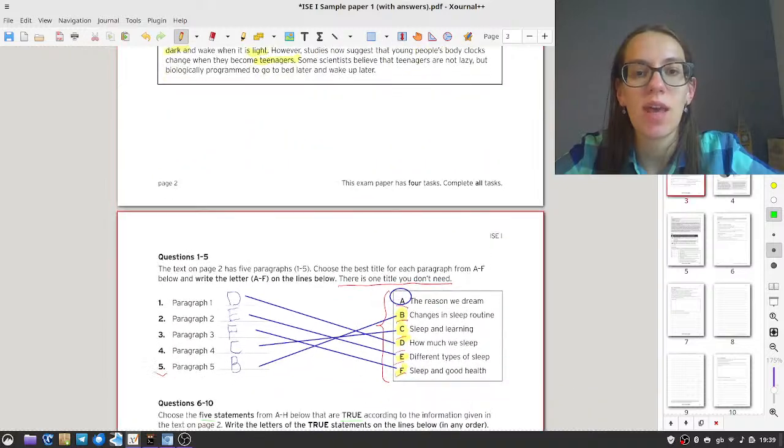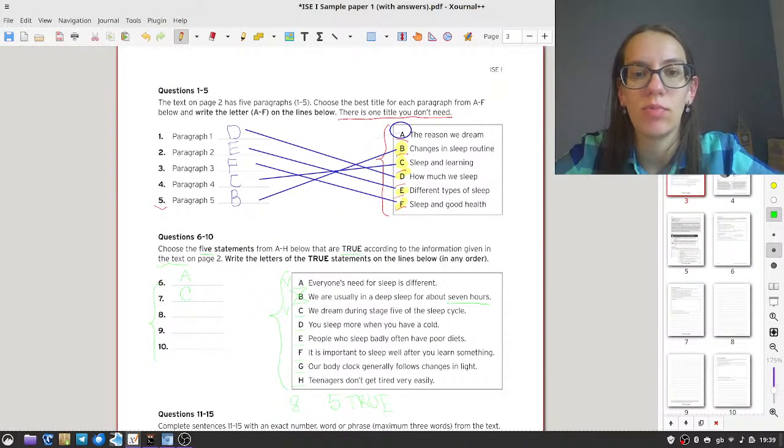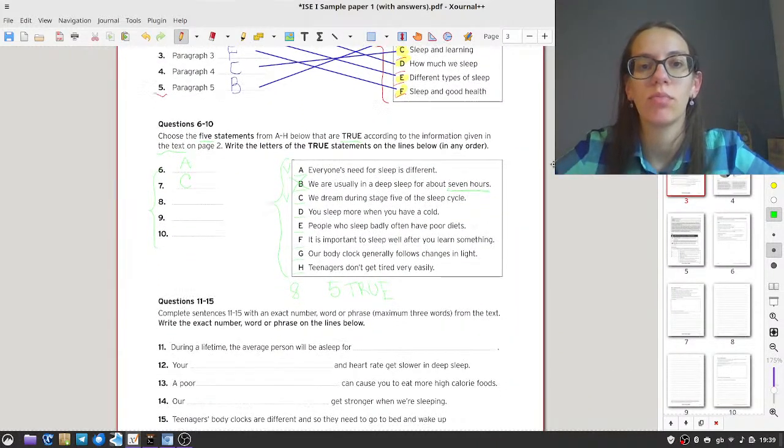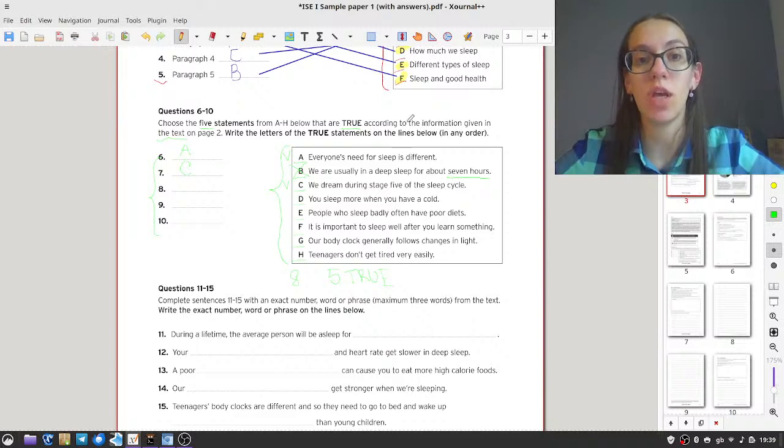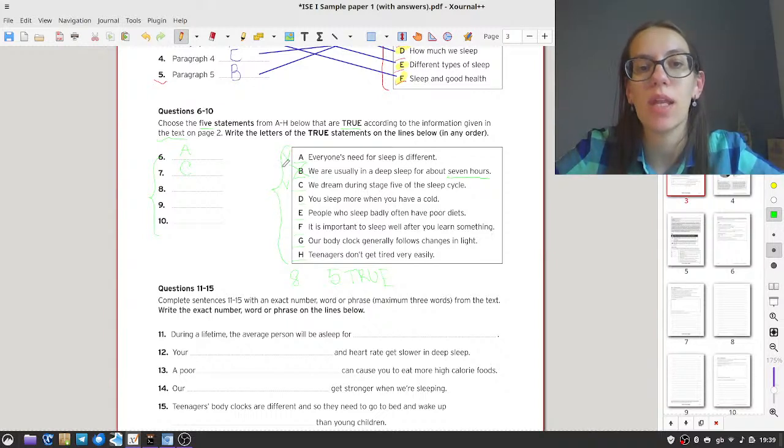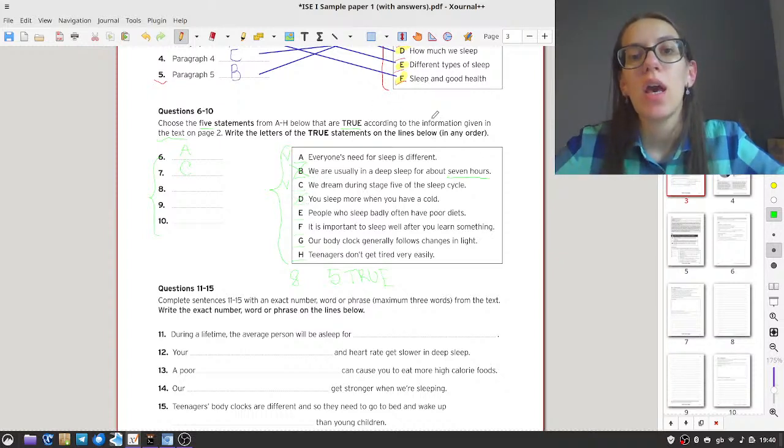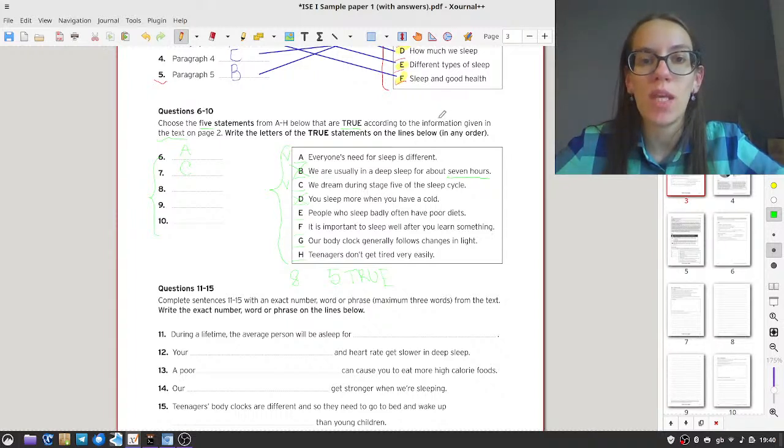But does it say that we sleep more when we have a cold? Actually, no. It says when you sleep badly, when you don't sleep enough, then it's bad for you. But it doesn't say that you need to sleep more. Now, you may think, well, I usually sleep more when I have a cold. But it's not about your opinion.